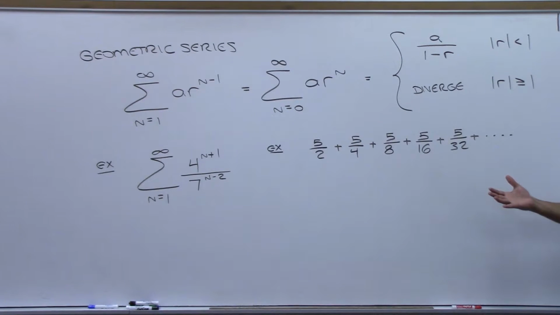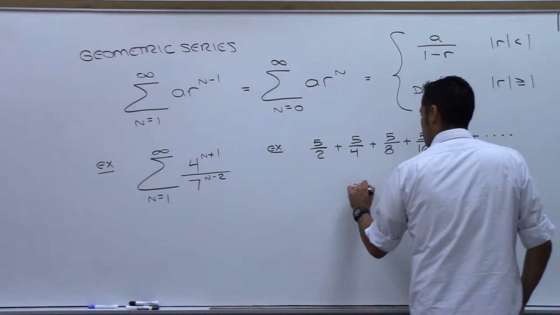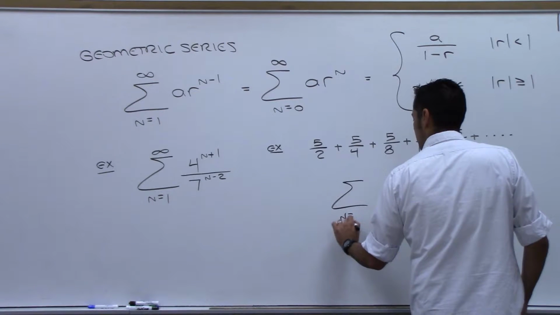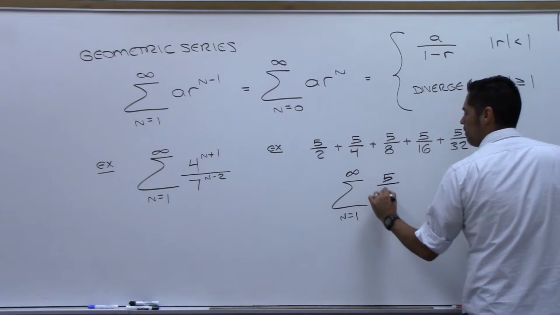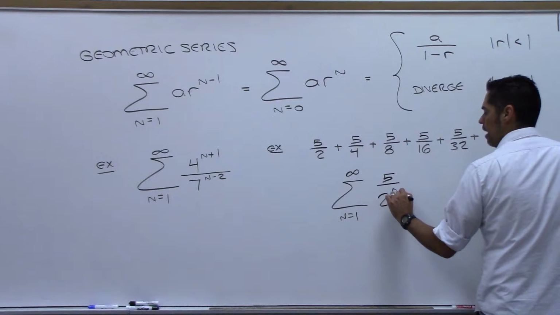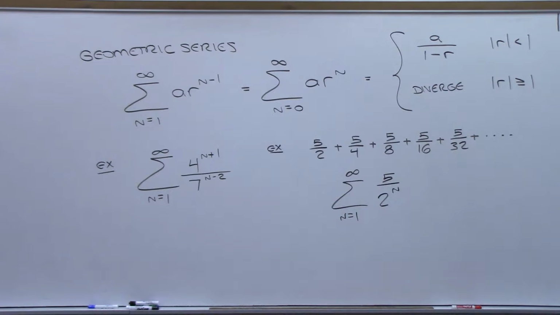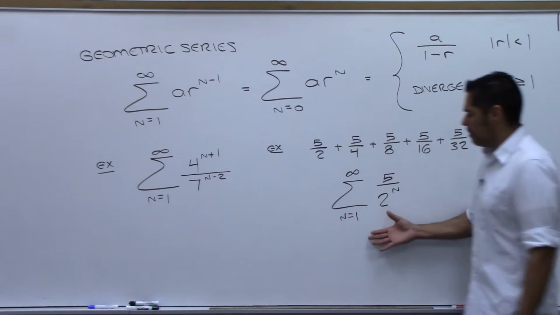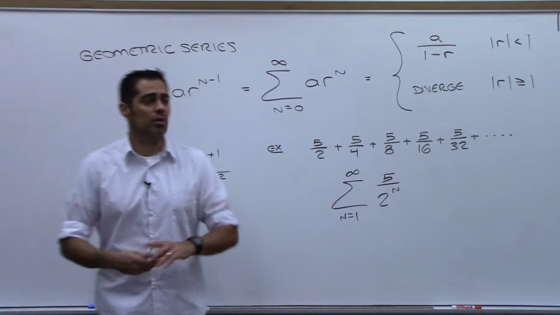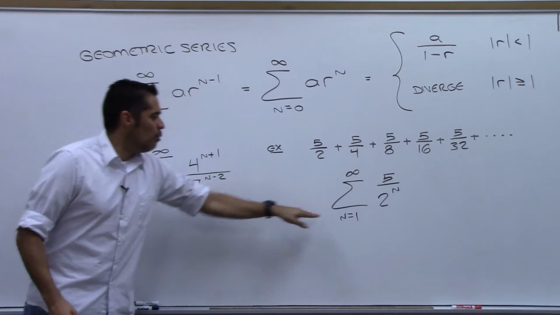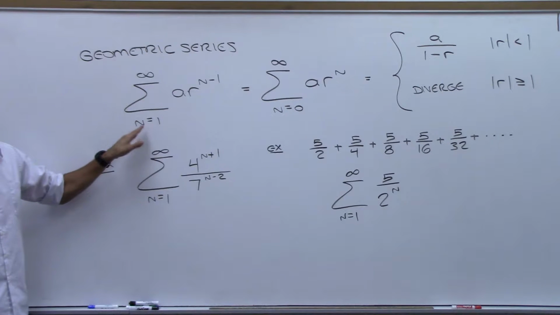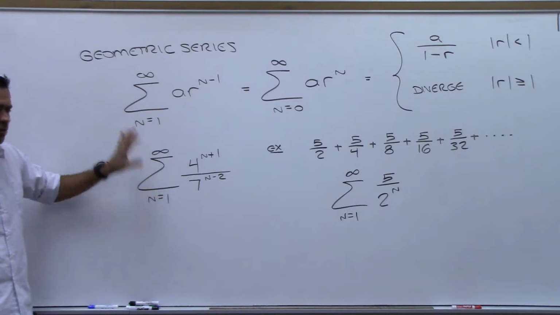Can anyone tell me what the sum from n equals 1 to infinity of 5 over 2 to the n is? Right, that would be it. Now you have to get it to look like one of these, and since n is starting at 1, you'd want to make it look like this one. Understand?